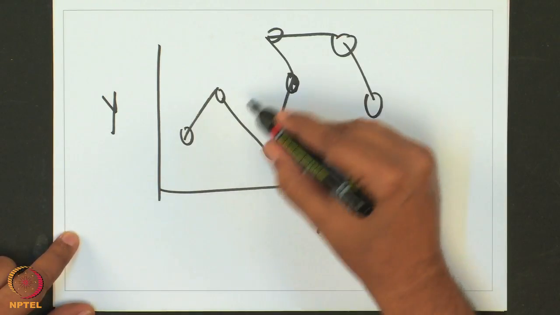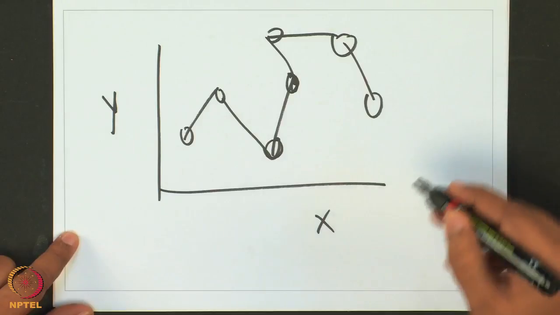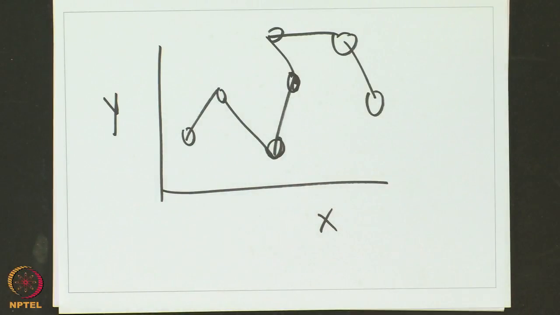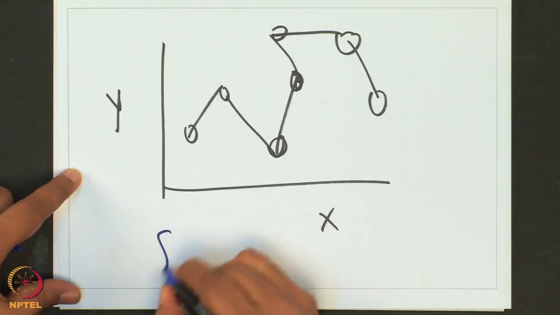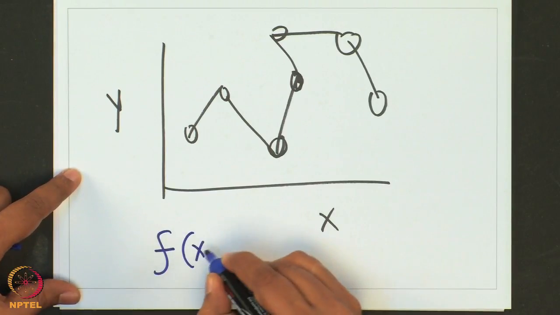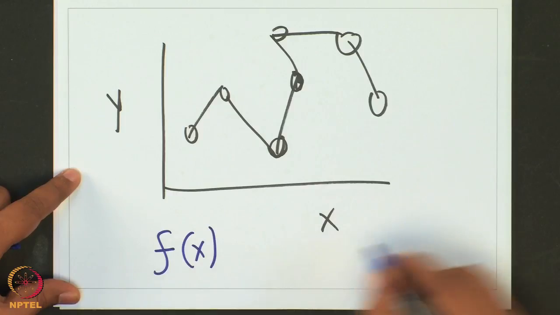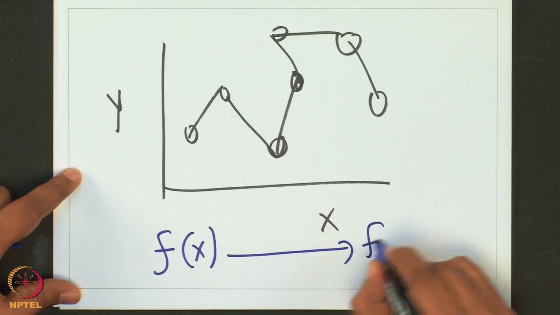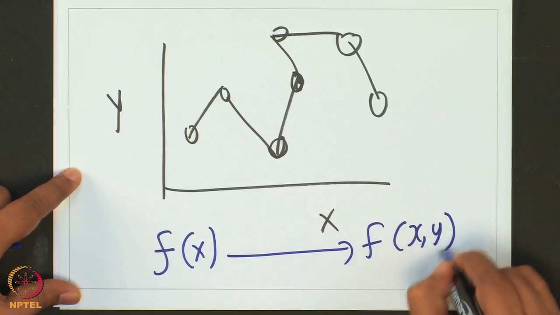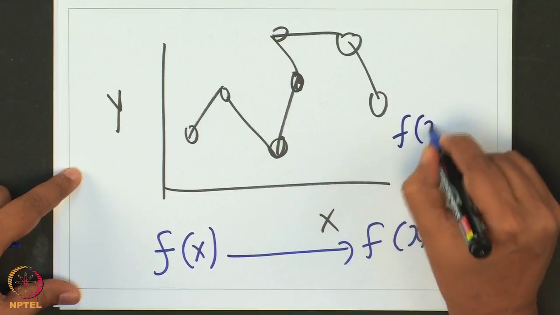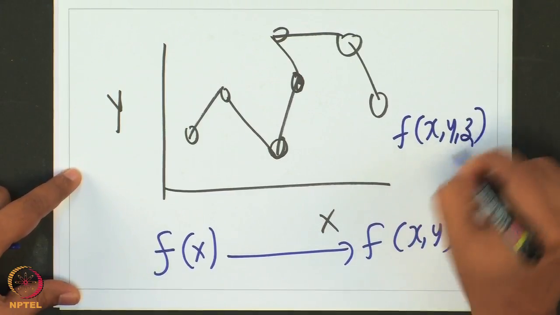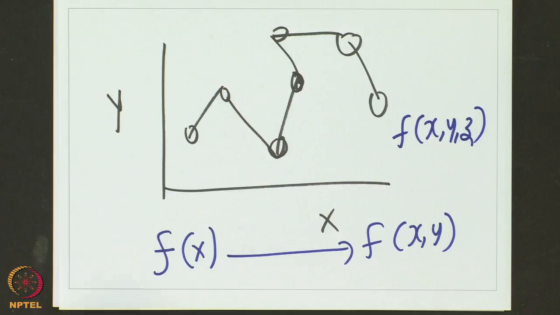So, the position of these molecules along this varies. So, this could be written as some function of x and y, or in general a 3D thing can be written as some function of x, y and z. So, any shape of a protein or any molecule could be written as some function of x, y and z.